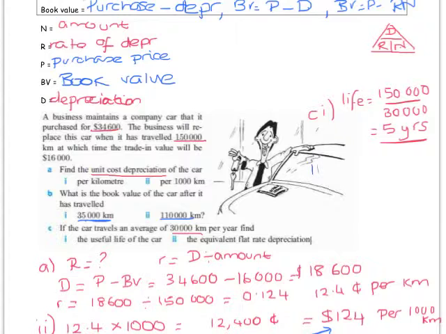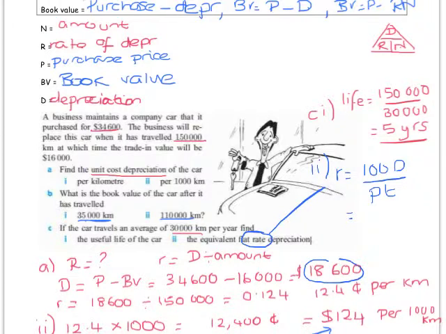In part 2, we're actually being asked to find the equivalent flat rate depreciation. So we have to think back to flat rate depreciation. I'm trying to find the rate. So to find the rate, R is 100 times the depreciation over P times T. Depreciation we found earlier in part 1.